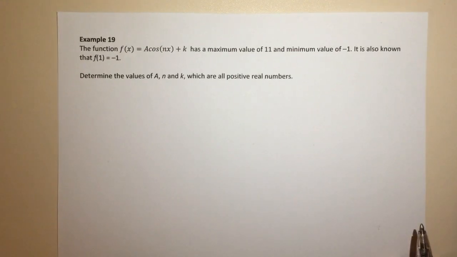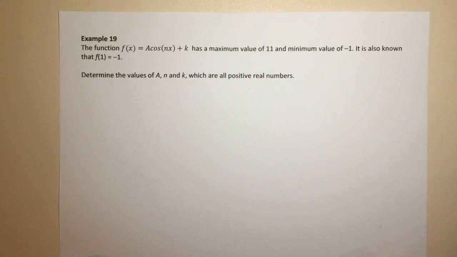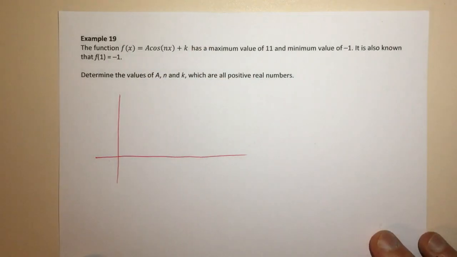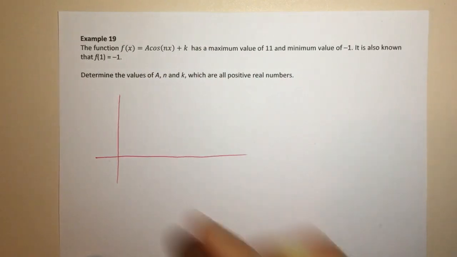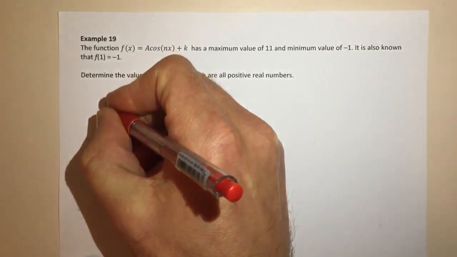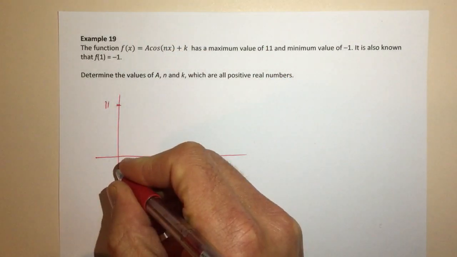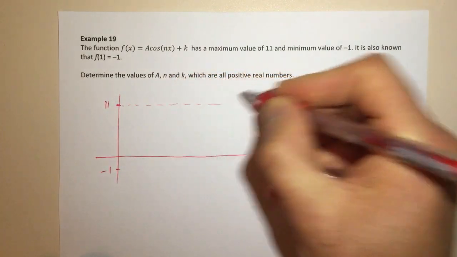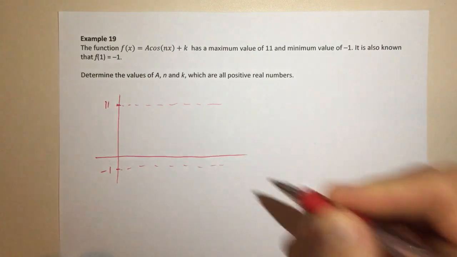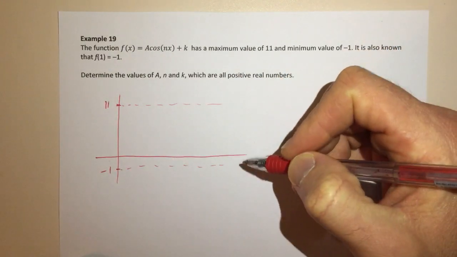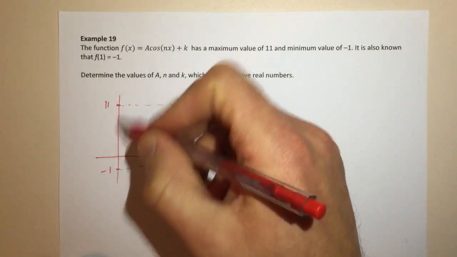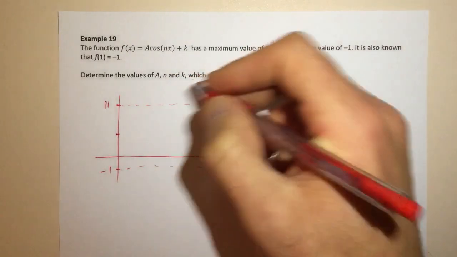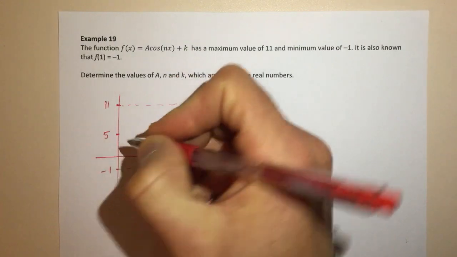So we're not required to sketch a graph, but it might help to at least in our heads picture what's going on here. We were told that the function has a maximum value of 11, positive 11, and a minimum value of -1, and so if we imagine a cosine graph that's bouncing up and down in between those two values, well, the mean position, the middle of those two values, you can sort of do by inspection or you can actually average it out, but the mean position would have to be 5, right?